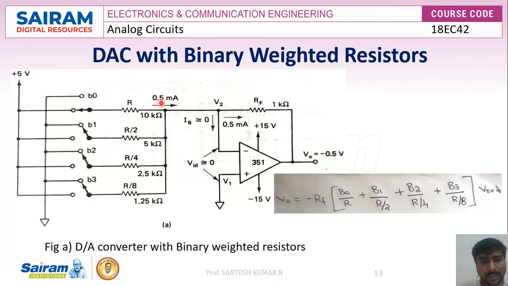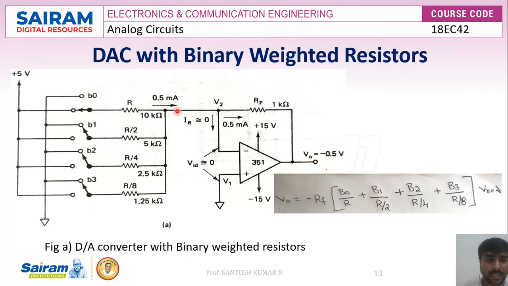So here we can see this is the current that is flowing to the input terminal. This current will get split across IB and IF, that is through feedback. Since the input resistance of the op amp is very high, that is in terms of mega ohms, no current flows through the op amp, or a minute current flows, which is negligible.